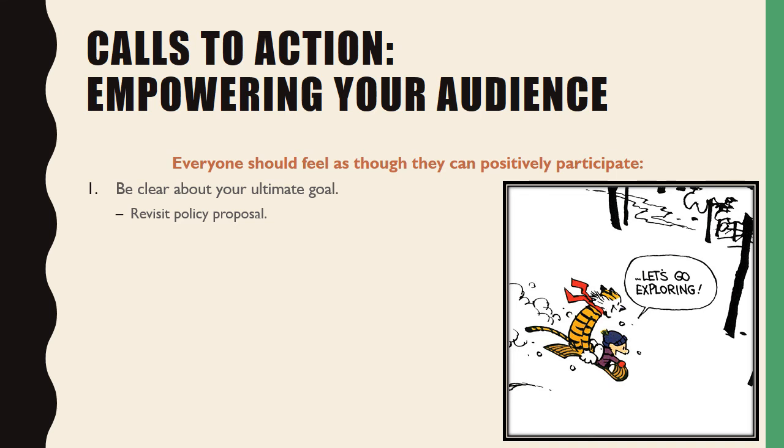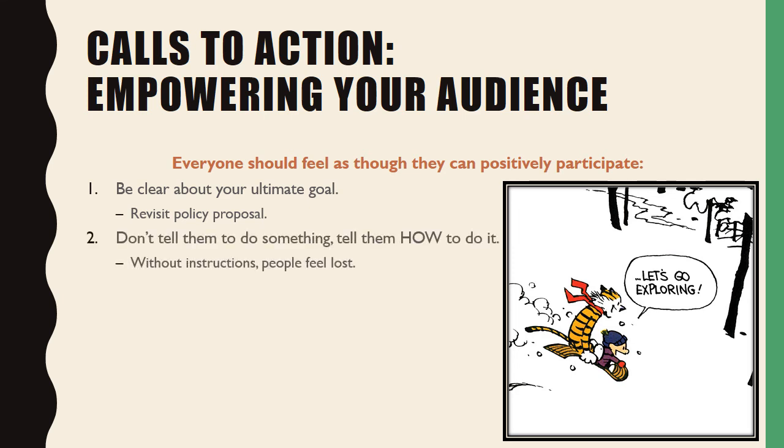So a good call to action does 4 things. The first of those things is to be clear about your ultimate goal. So you should revisit your policy proposal. If you remember, policy proposals were in the first part of argumentation. You want to revisit that and just remind them that that's your ultimate goal, right? Number 2, you don't want to just tell them to do something.